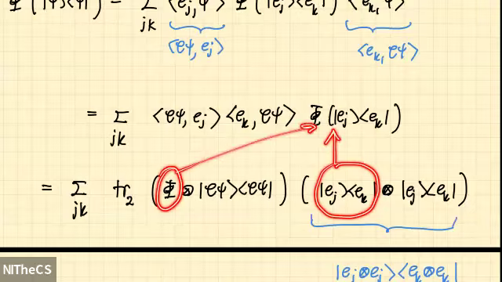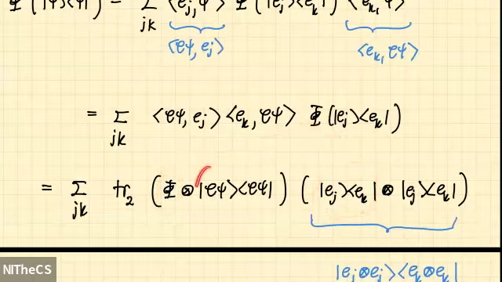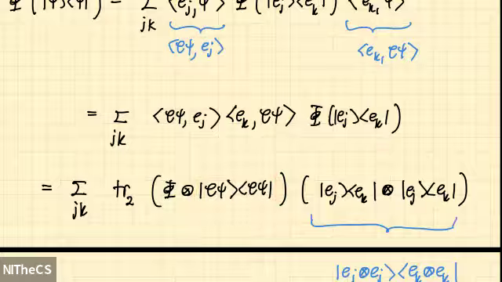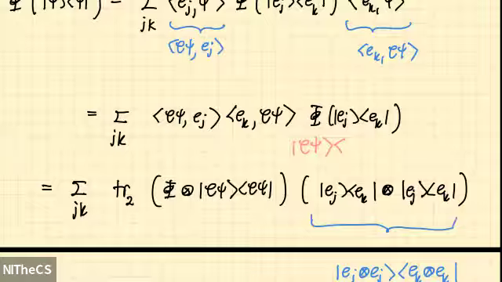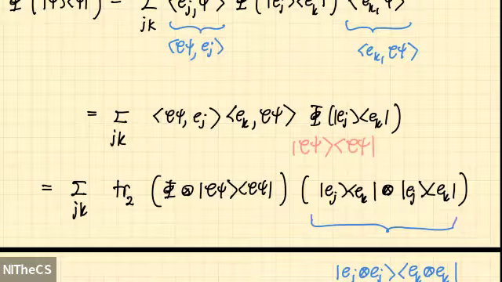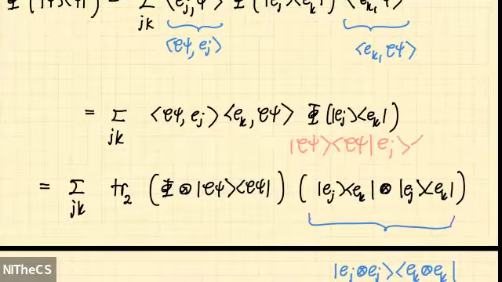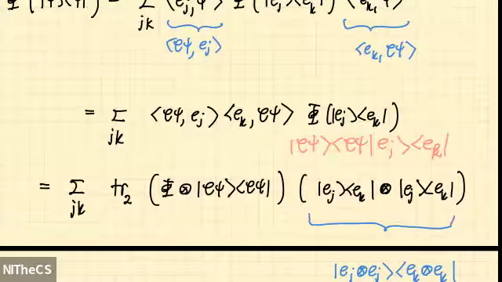Then this here acts on that. What do I get for that? I will write it down for you. It's going to be C psi, C psi, Ej, Ek. That's this here, looking at that.